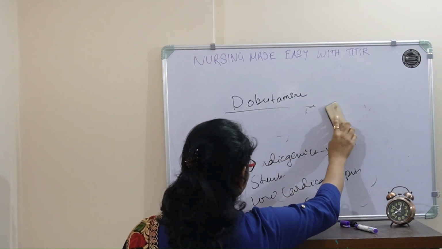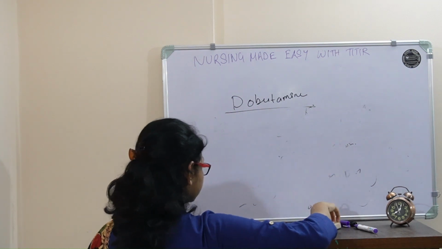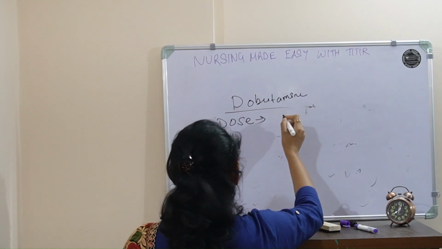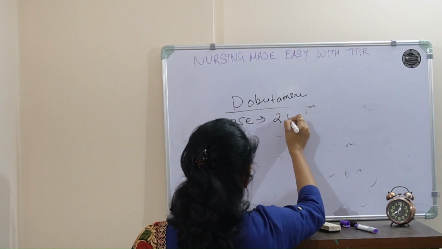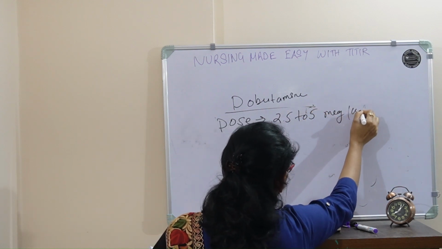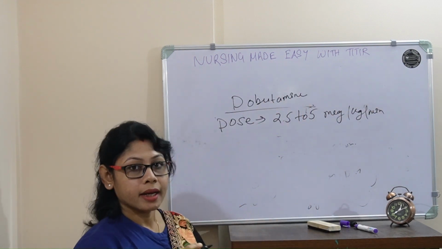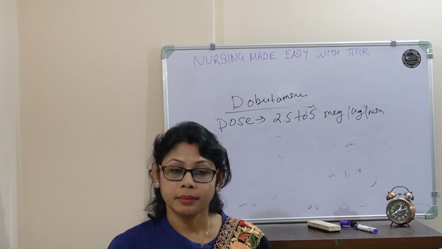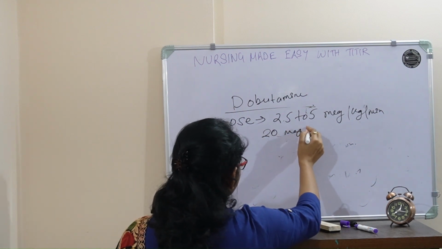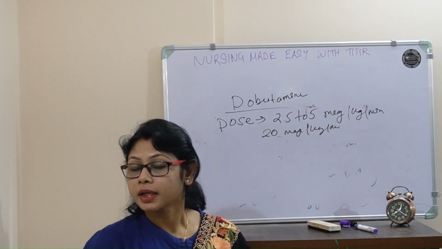Let's start with the doses. Dobutamine can be started from 2.5 to 5 mcg per kg per minute, and it can be titrated up to 20 mcg per kg per minute if the patient is not hemodynamically stable.